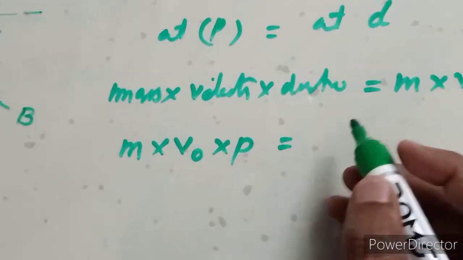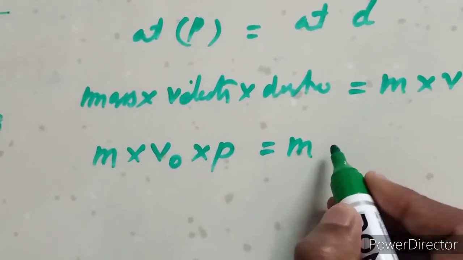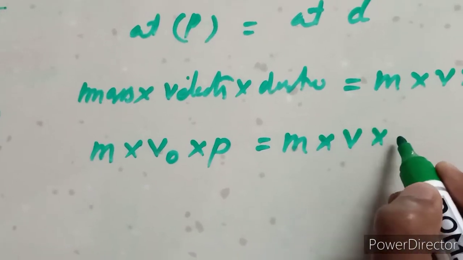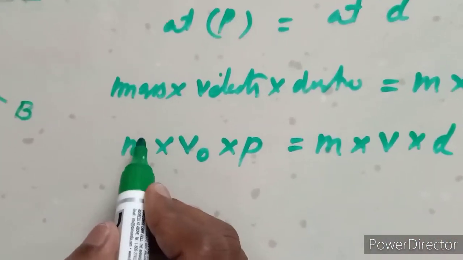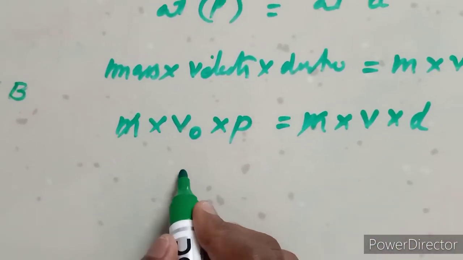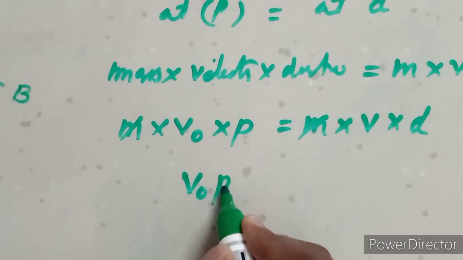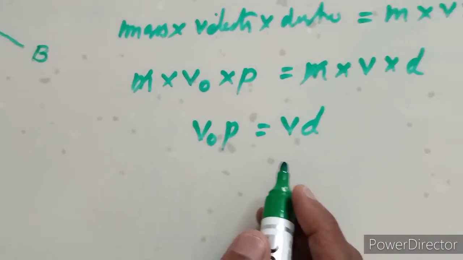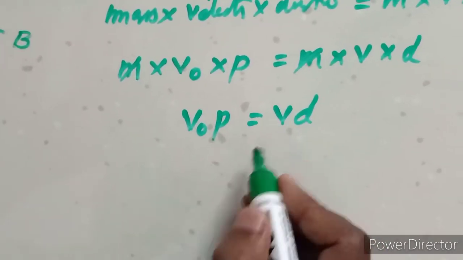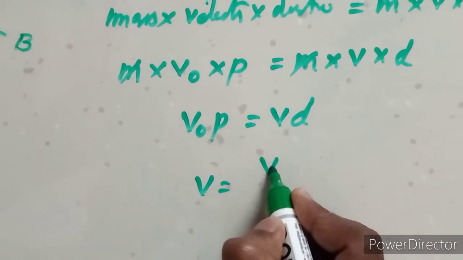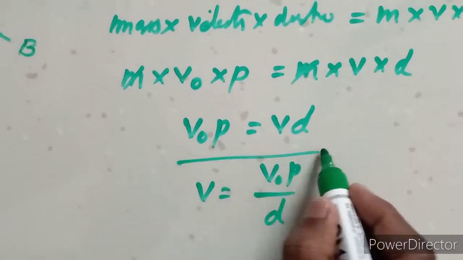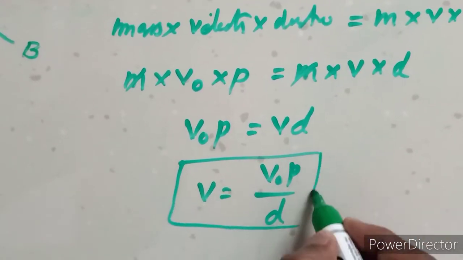At the closest distance of approach, the mass is m, velocity is v, and distance is d. Here m cancels, so v naught p equals v d. The final velocity v equals v naught p upon d. This is the final velocity of the alpha particle.